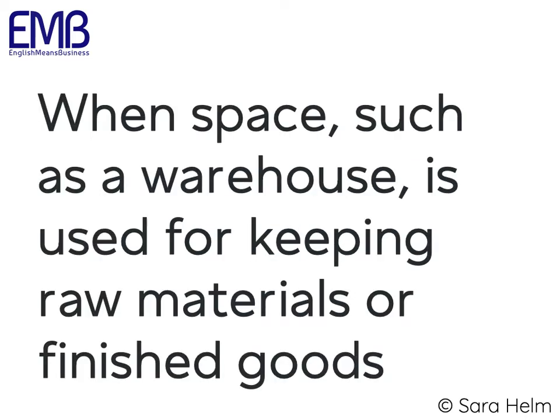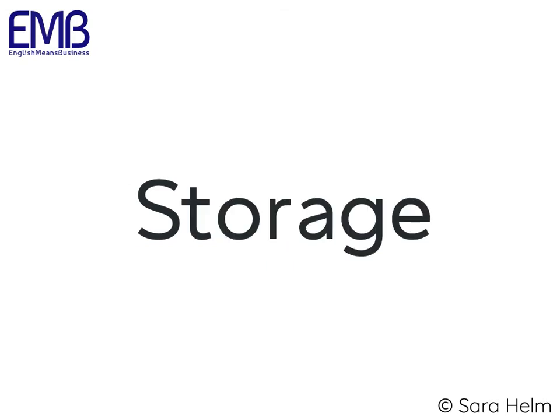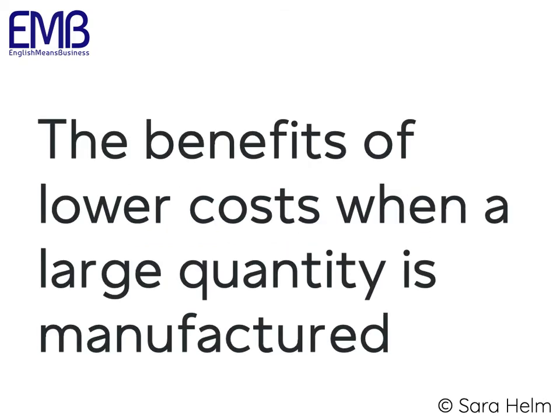This is when space, such as a warehouse, is used for keeping raw materials or finished goods. Storage. These are the benefits of lower costs when a large quantity is manufactured.